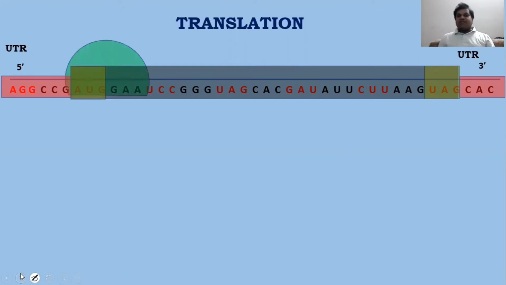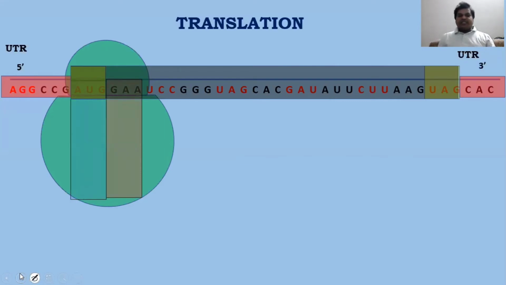Now what happens? The smaller unit of ribosome comes and binds to the mRNA. mRNA has a site for binding of the smaller unit of ribosome. The larger unit of ribosome binds to the smaller unit. Now, because of this binding, you will find that two sets of codons are within the ribosome.